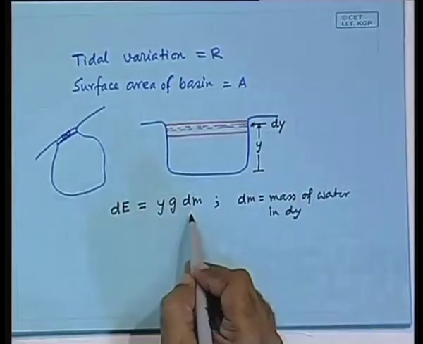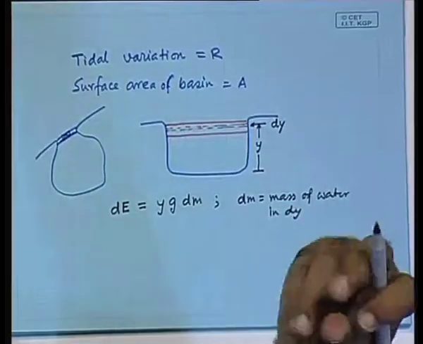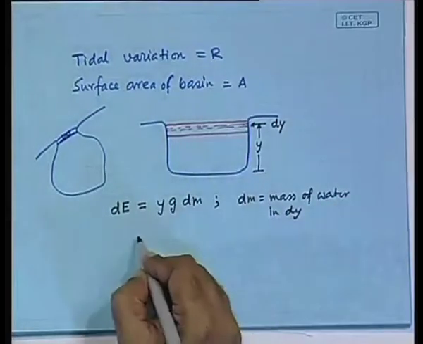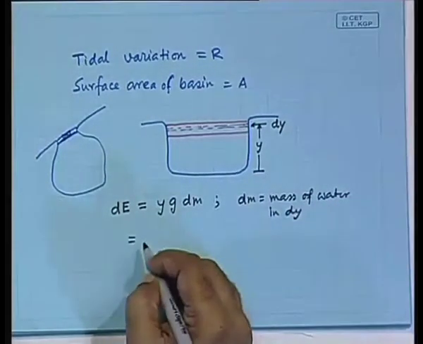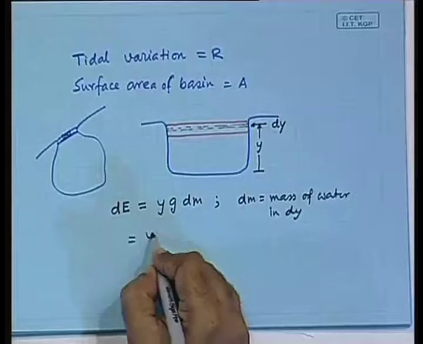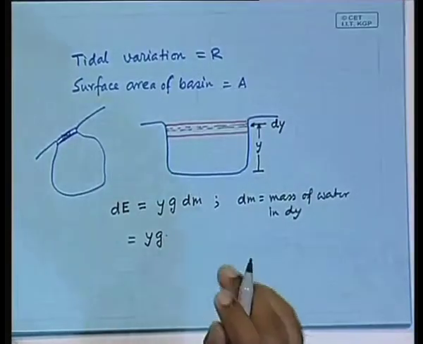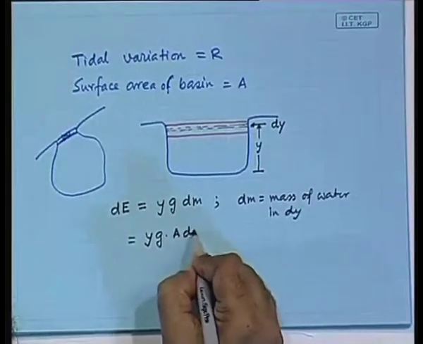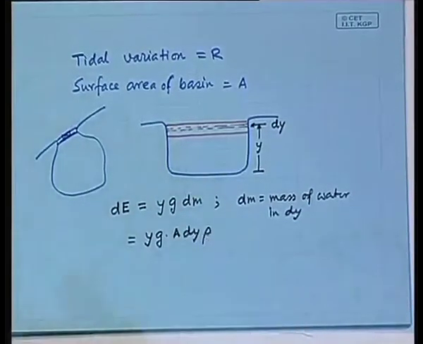Obviously, we know dm because that is nothing but the volume of water times the density. So, this is equal to y g times A dy times rho, right, stands to reason.